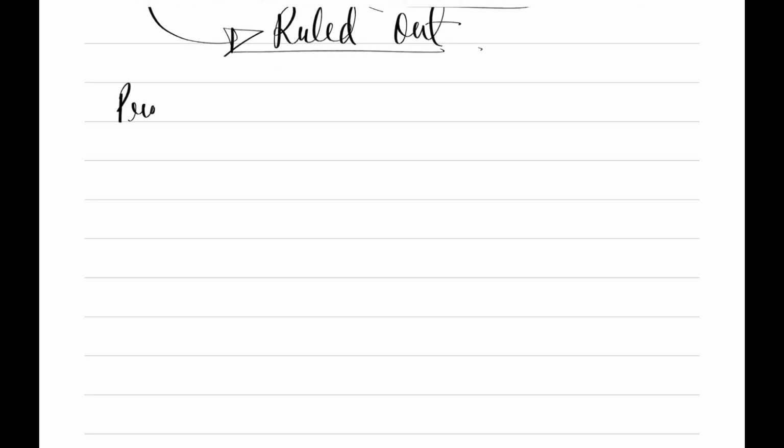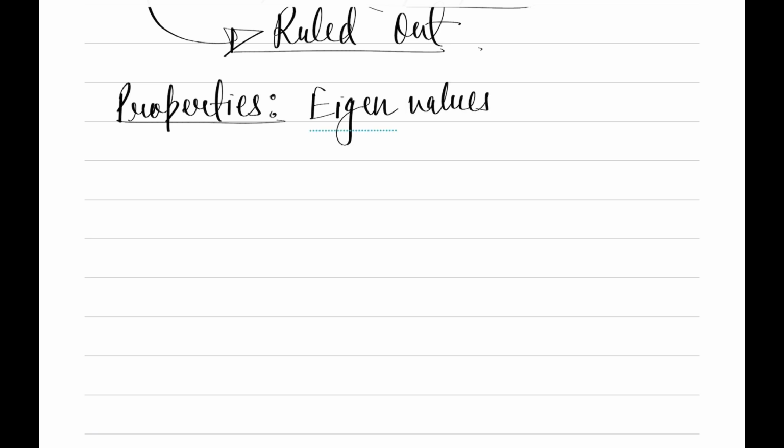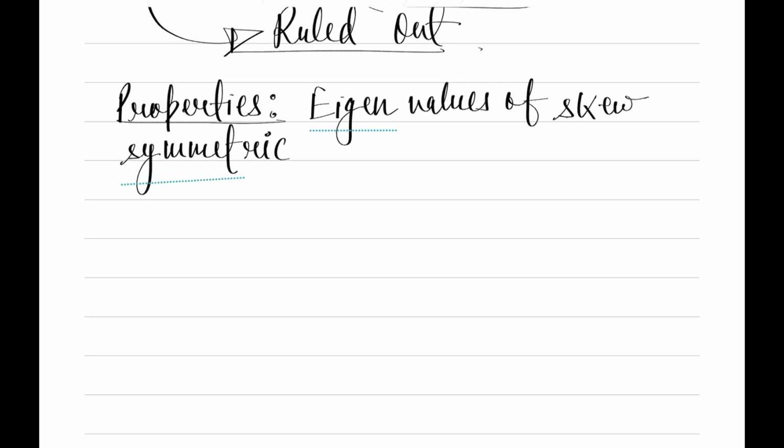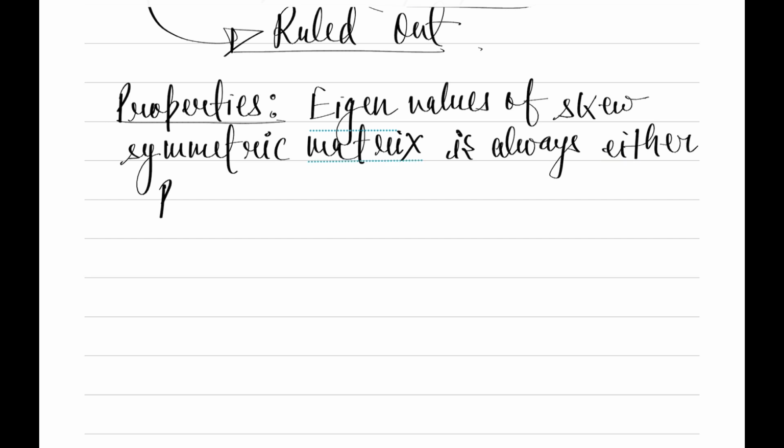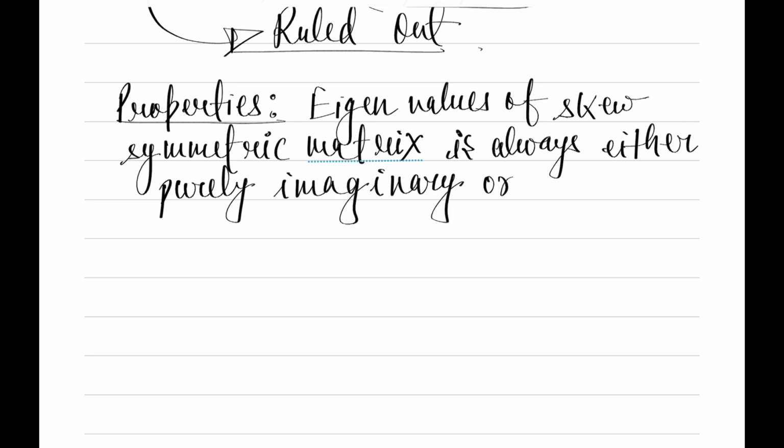From properties, we know the eigenvalue of a skew symmetric matrix is always either purely imaginary or 0.